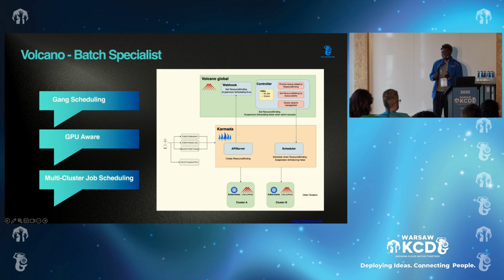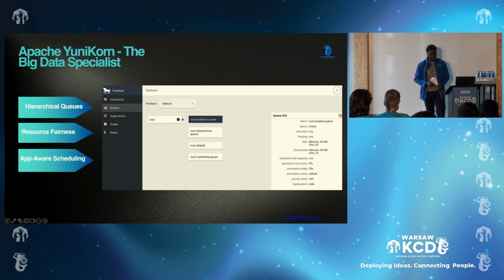This time it's looking at the queue priority on a global level, not just related to one cluster. Based on that, it is able to decide that this particular job can be scheduled. Then it removes the resource binding from the suspension state, which sends the request back to the scheduler of Commander, and Commander can then deploy it to the target cluster.